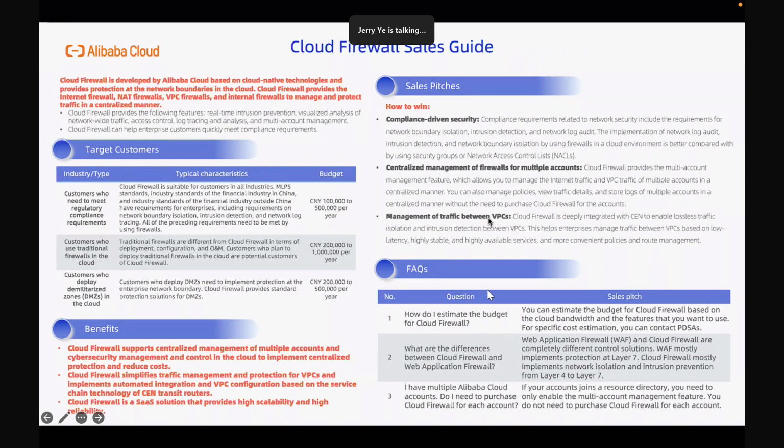Okay, so the final scenario is that one of our financial customers suffered from a ransomware attack. The ransomware attacked their on-premise IDC and all of their data has been encrypted. But the on-premise IDC is connected to Alibaba Cloud by Express Connect.